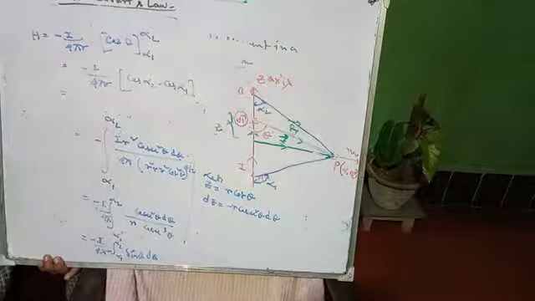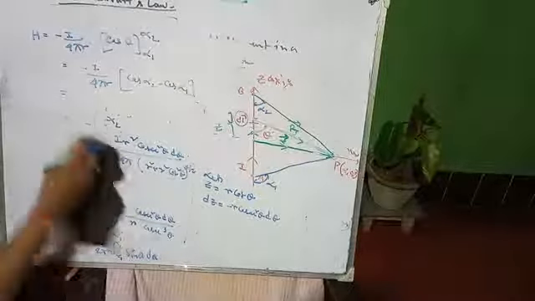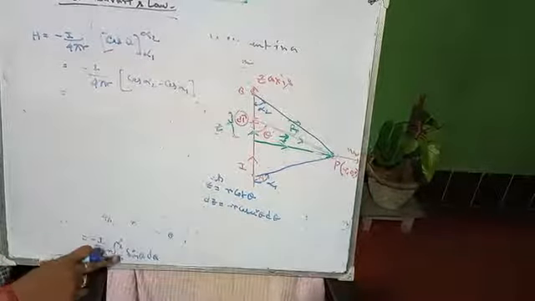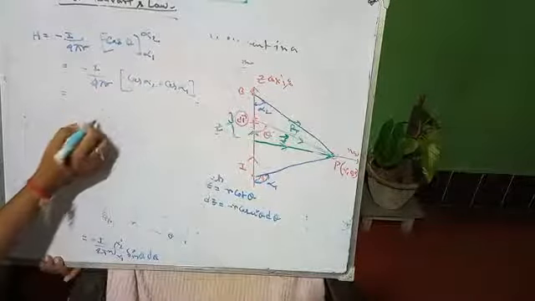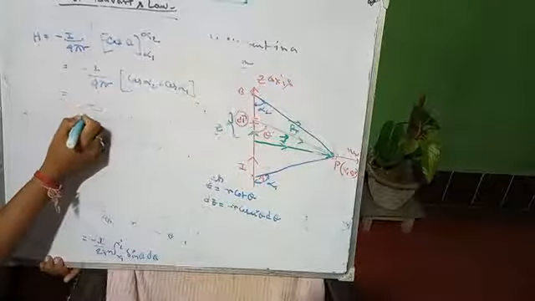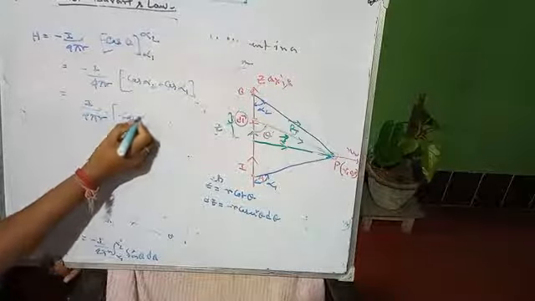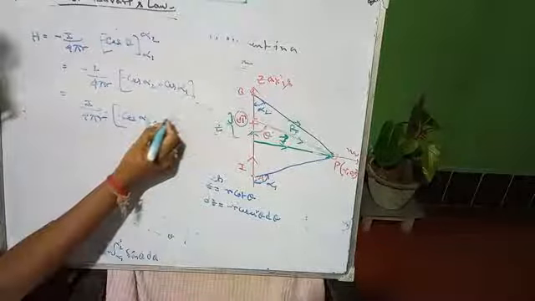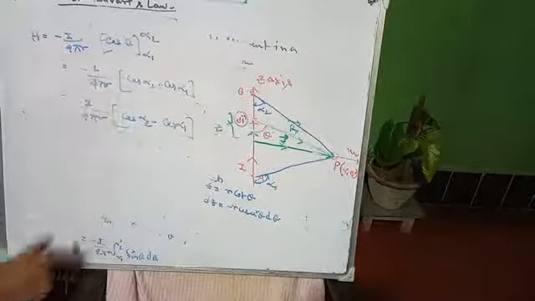Okay, actually by integration of sin theta it will become minus cos theta, right? So it will be minus, it will be plus. So now after taking this minus sign inside, it will become I by 4 pi r, cos alpha 1 minus cos alpha 2. So the negative sign will rotate inside.